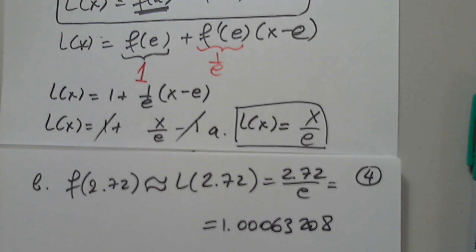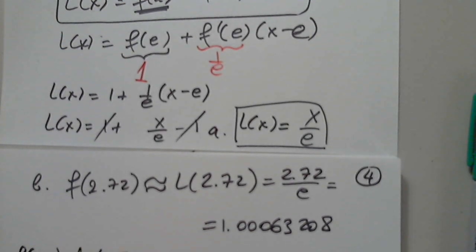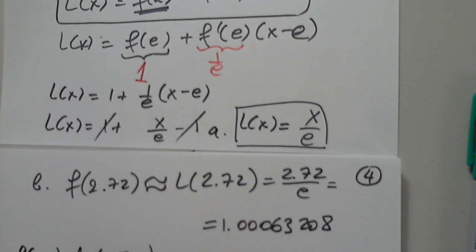Because using the linearization or using the function, they have to be very close as long as we are close to e. So natural log of 2.72, which is f of 2.72, is approximately 1.00063188.